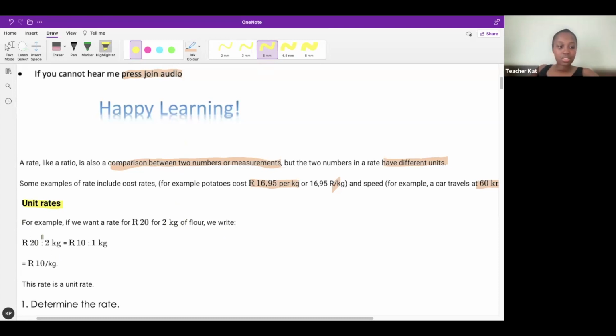We want to know what it is per 1 kilogram of flour, because then it will make it easier. If I know that I have 5 kilograms, I'm just going to say 5 times 10, which gives me 50 Rand for 5 kilograms. Do you see what I mean? It's much easier when you have a unit rate, which means per one.